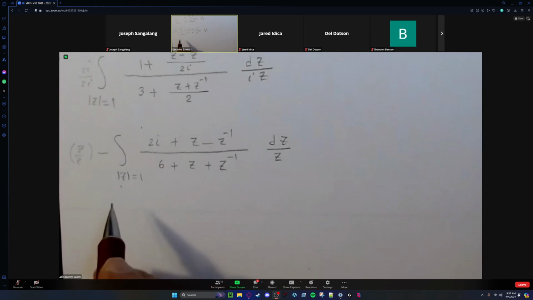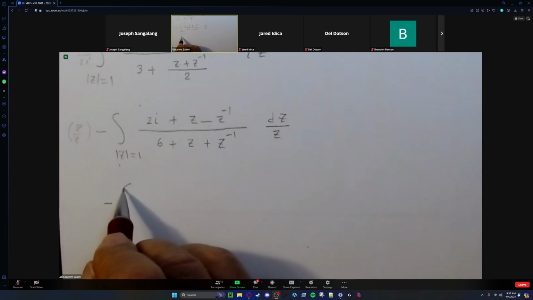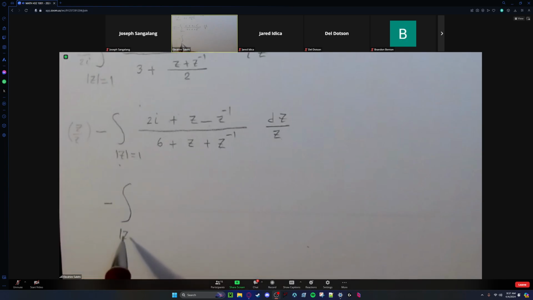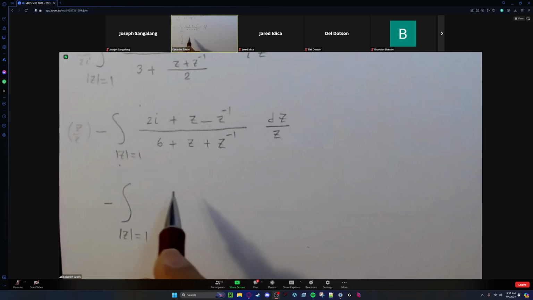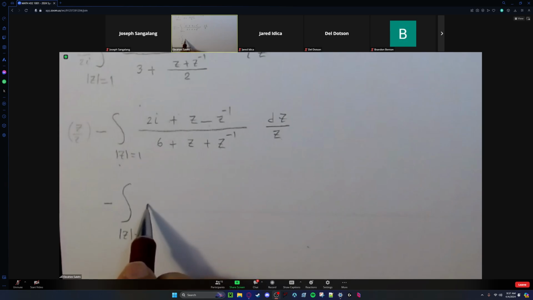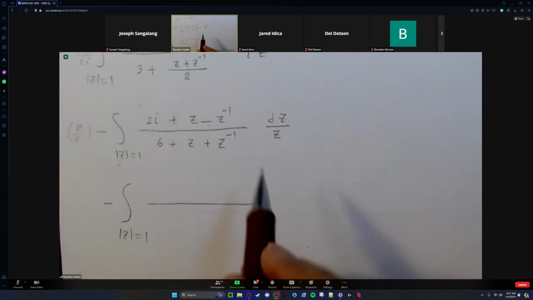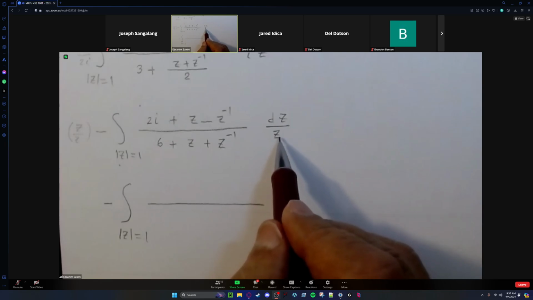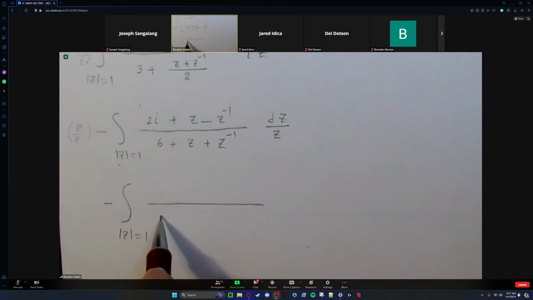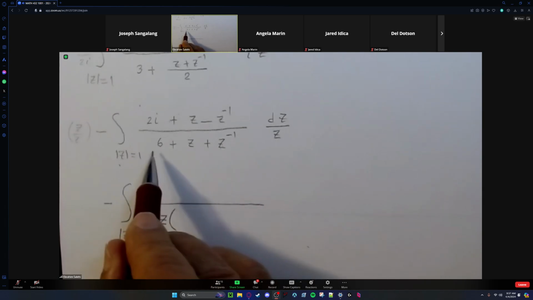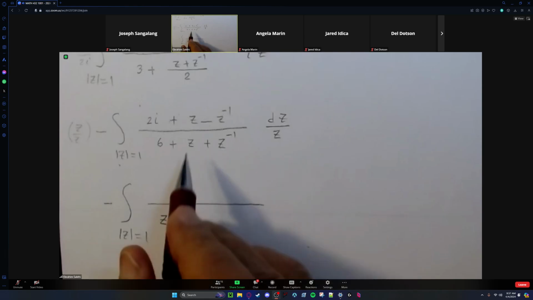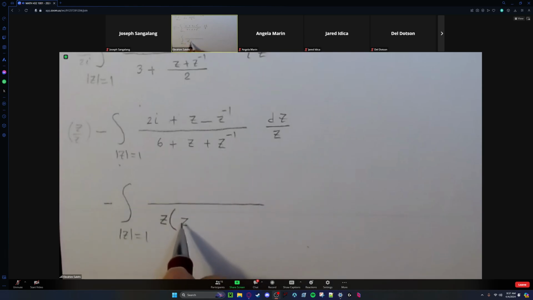So it will be negative integration over unit circle, or remember we have another z here. So I'm going to now consider that z. Multiplying this by z, you get z squared plus 6z plus 1.